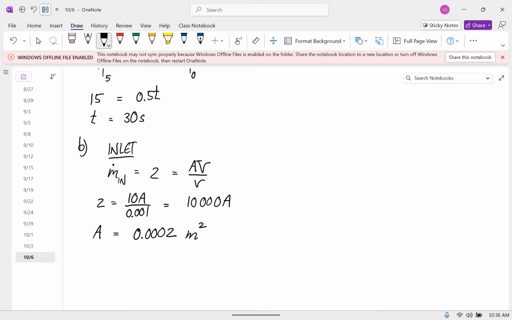Which, if you think of that as a square opening, would be 1.4 centimeters side length.